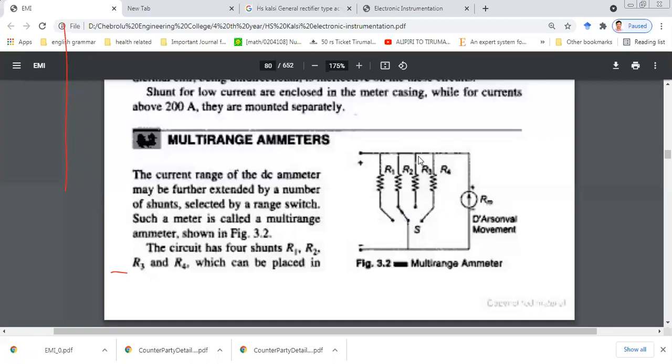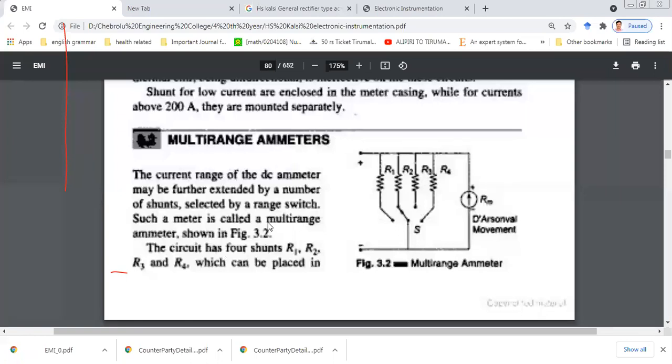All these resistors are in parallel with the D'Arsonval movement, and these are called shunt resistances. The current range of the DC ammeter may be further extended by a number of shunts selected by a range switch. Such a meter is called a multi-range ammeter.